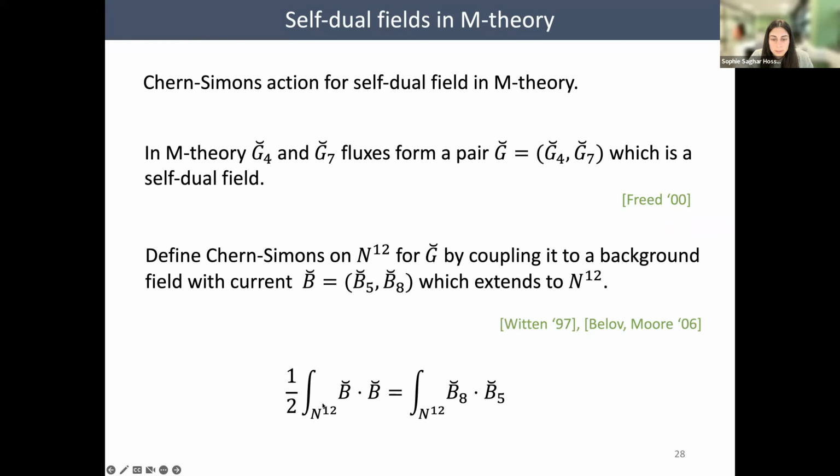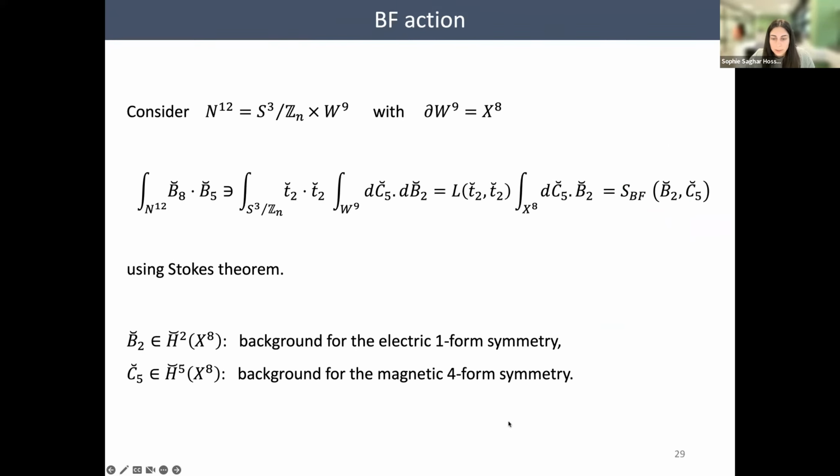So here, once we reduce this, we find that the action is B8 dot B5. And now if we consider, for example, the reduction that we had before for the 7 dimensional theory, we would take this M12 to be some boundary times some W9, such that this W9 has a boundary where our symmetry TFT, or our BF theory, is defined.